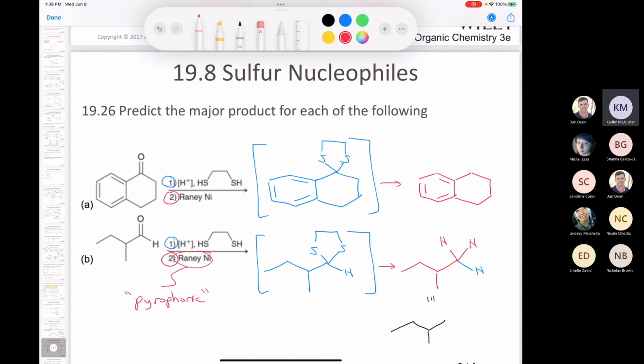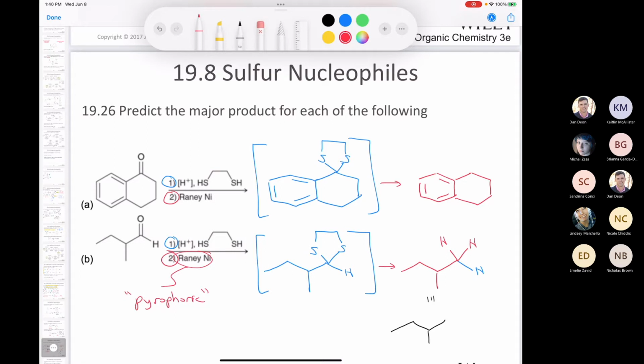Is that where it's really explosive? Yeah, it just ignites spontaneously in air. So maybe that's why nobody ever let me use the Raney nickel. They're like, oh, he's going to start a fire or something. No, but you just have to be careful with it. You have to handle it under inert conditions because it just catches on fire.